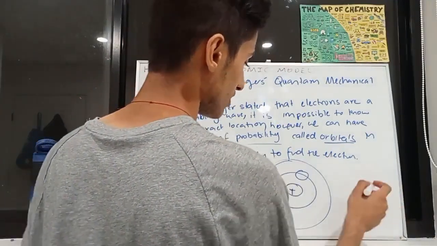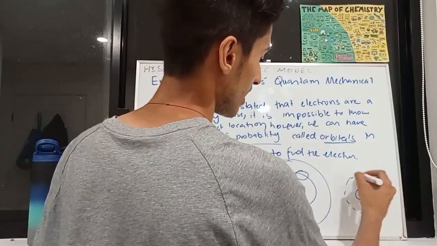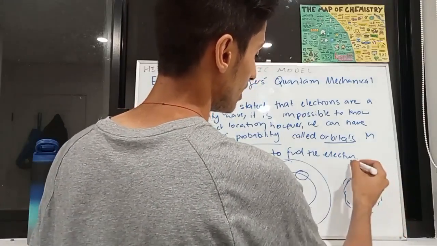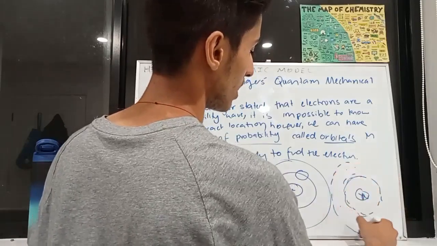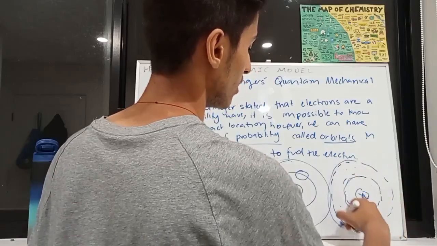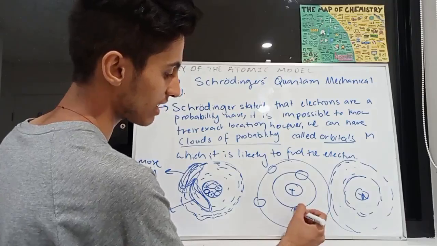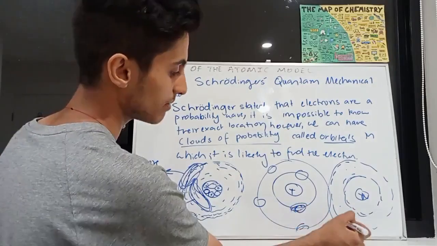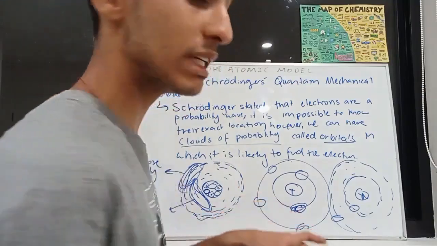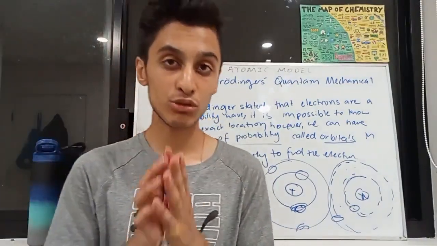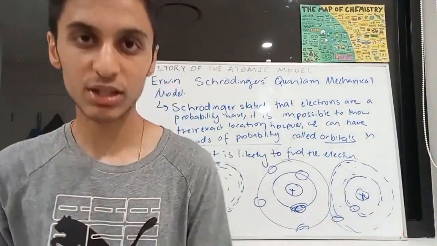So let's imagine that this is our nucleus, and then we're likely to find an electron over here, then not so likely here, and then likely again over here. So it's just probability. It's not as discrete as Niels Bohr's model, and this is the most accepted one.